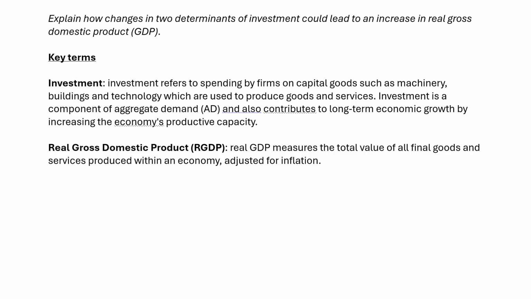It serves as a key indicator of economic performance and growth. Okay, so RGDP should be a familiar concept to you by now. Essentially it measures the total dollar value of all the stuff and things that we can make in an economy once we adjust for inflation. Okay, so pretty straightforward. Let's move on to the next bits.